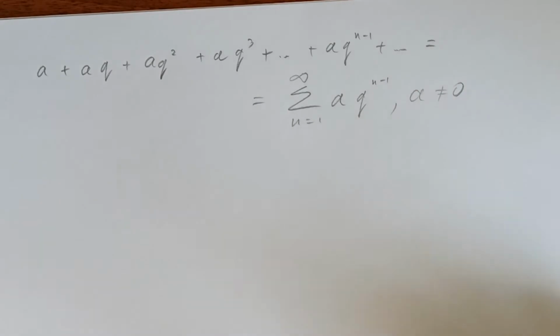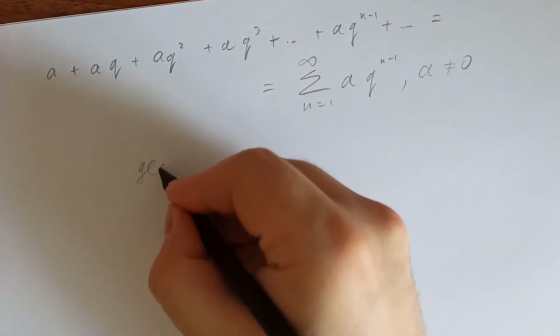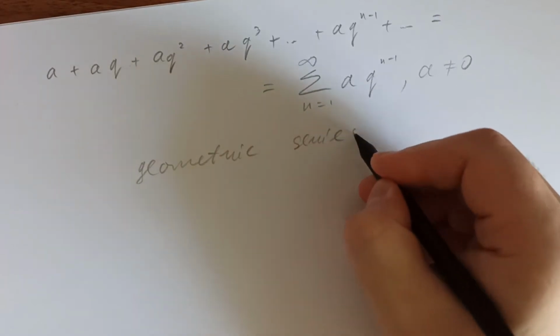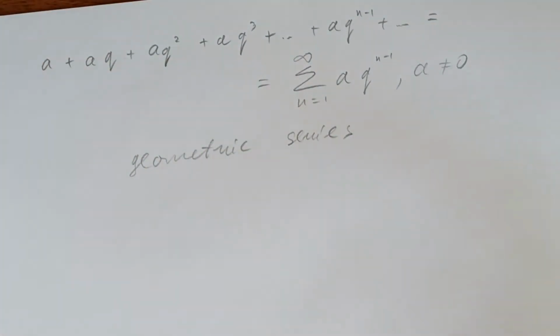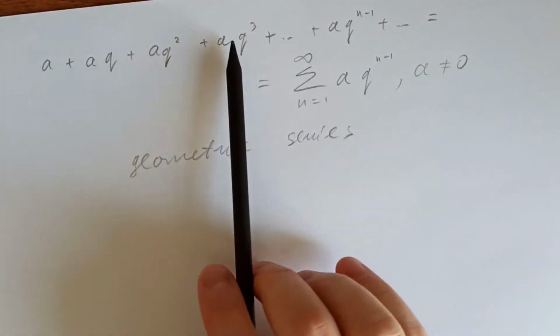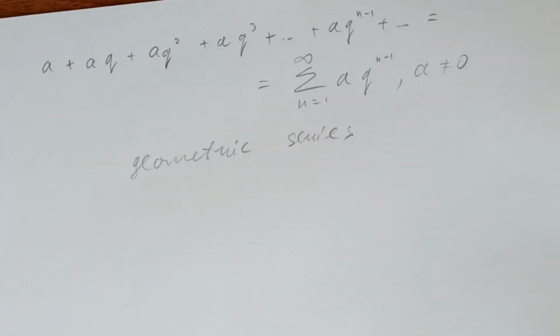This series is called a geometric series. Similar to a geometric progression, actually, these elements are elements of a geometric progression.